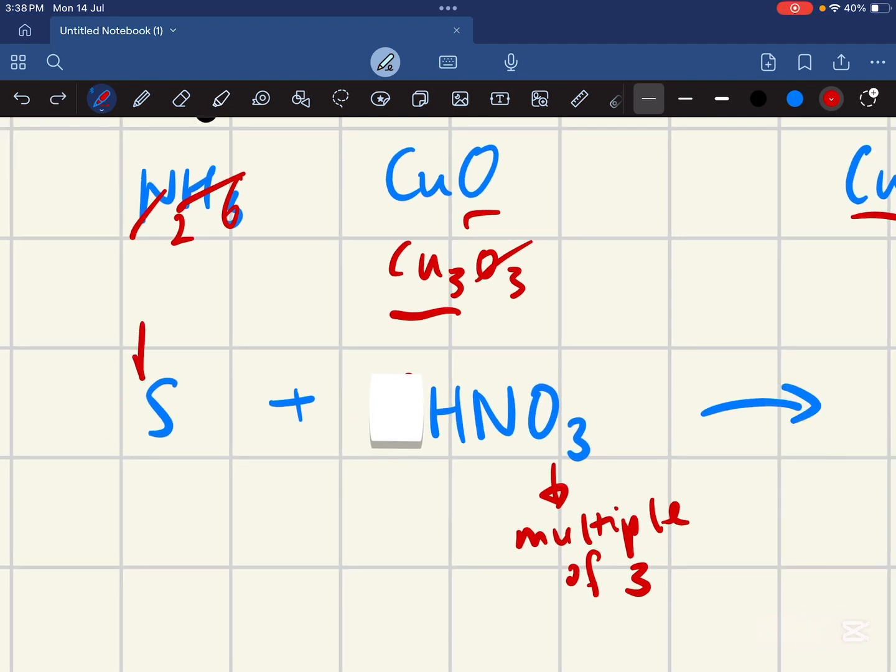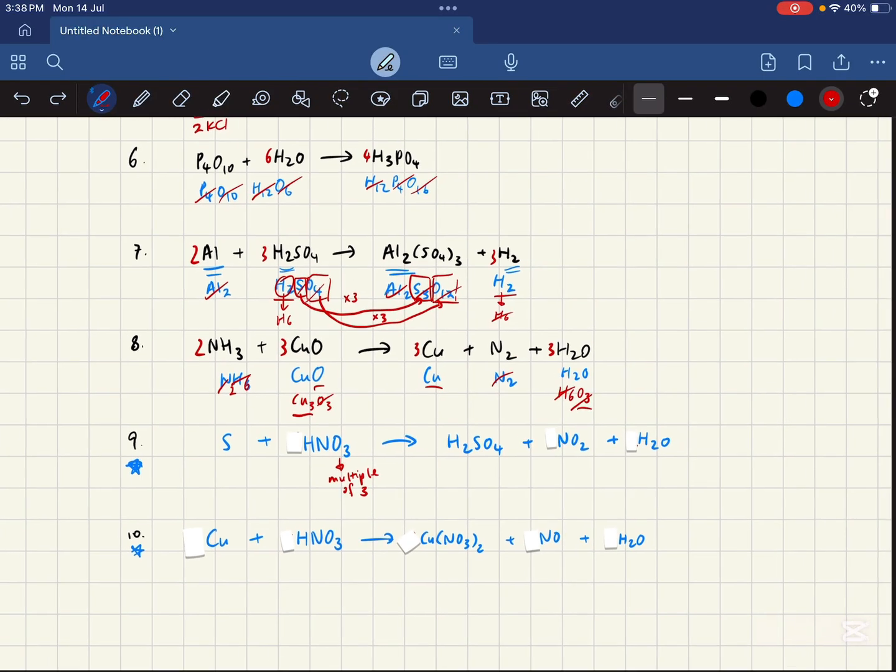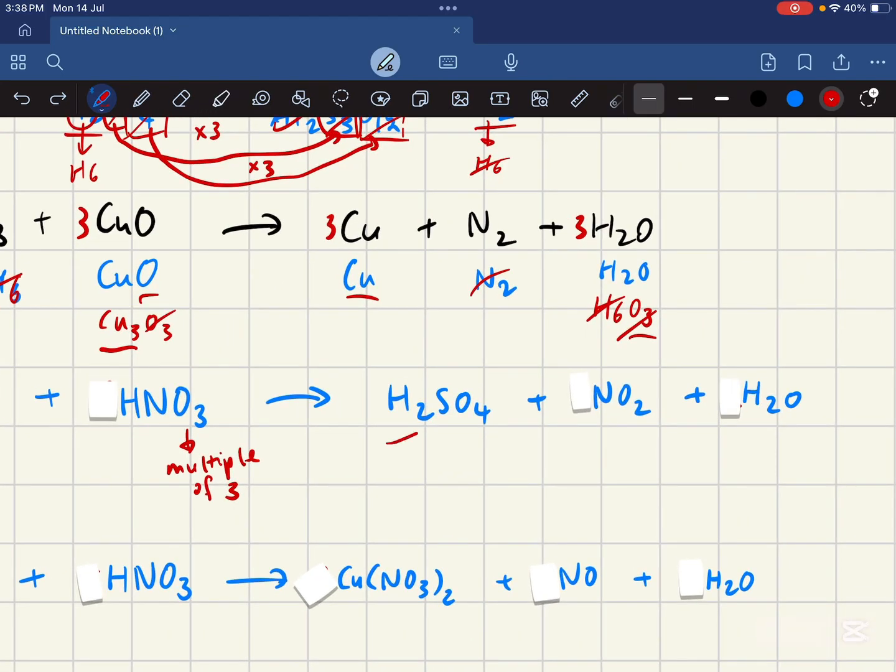It's just an S here. So that's what makes this question a bit unique, to say the least. You have a H2 and a H2.